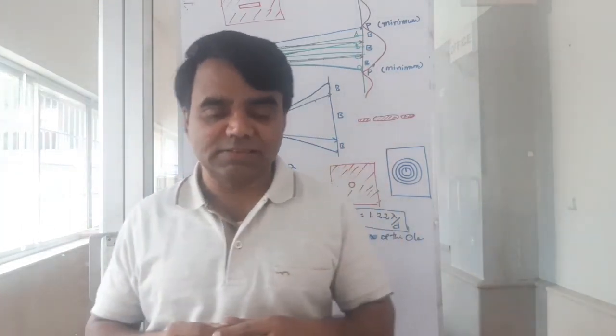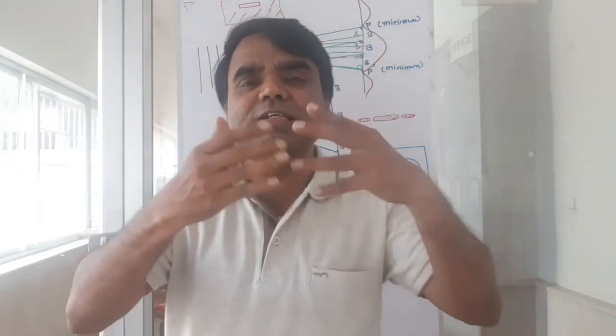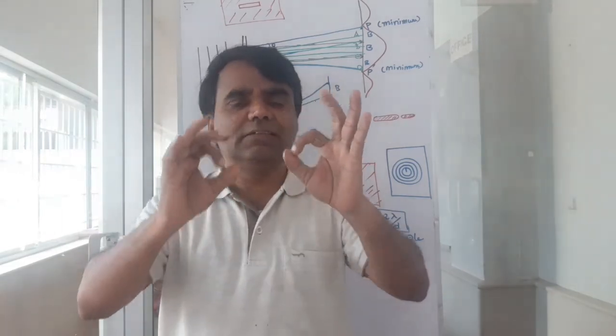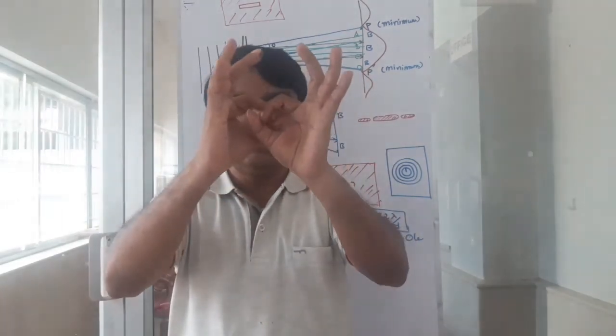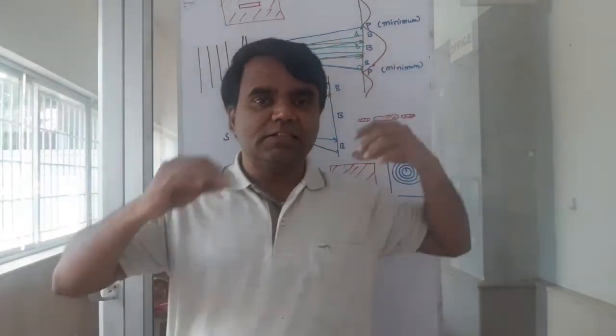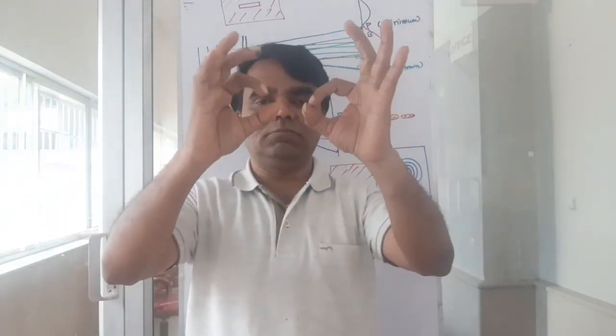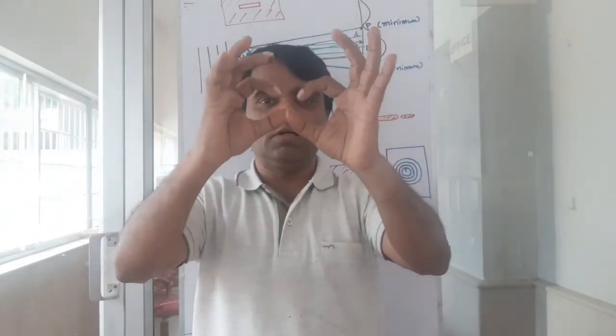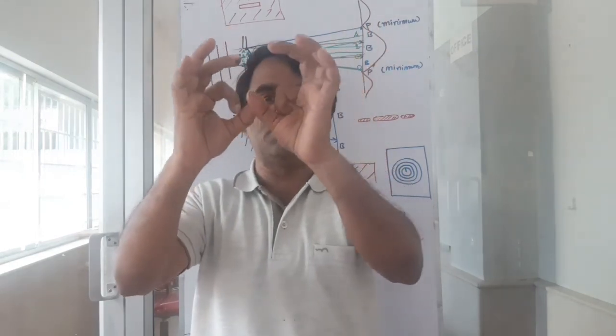So the clarity is going to be affected. Then how can you increase the clarity? Simply by reducing this circle. Instead of the point becoming a big circle, it becomes a very small circle.